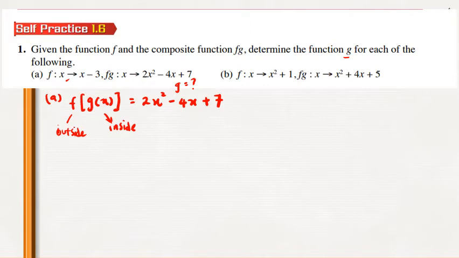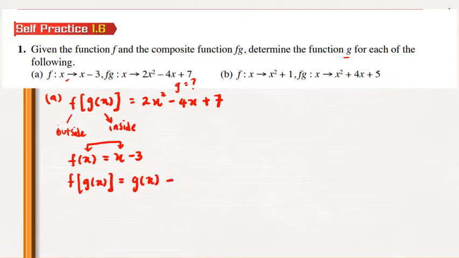Okay, previous part. So first, teacher wants to compare. Teacher writes f again with the single function. f(x) is equal to x minus 3. Okay, so just swap places. If teacher replaces x here with g(x), teacher will get g(x) minus 3. So teacher will compare this one with the previous one, the original.